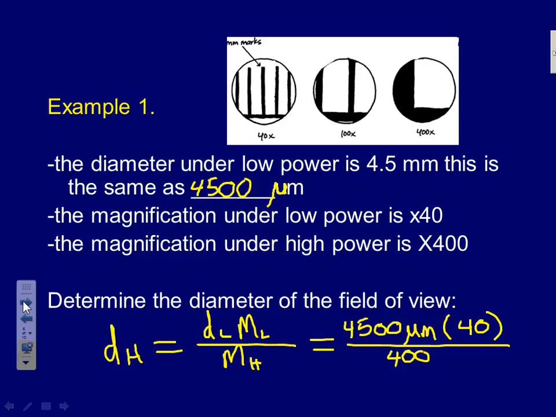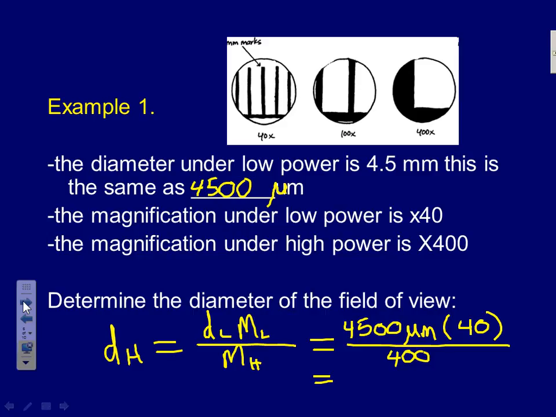We all know if I put it in brackets like that, that's a multiplication, right? Are we okay with that type of math? So we're okay with 4,500 times 40 divided by 400? Could somebody do that? I don't know if you've got a device nearby that can do that calculation. 4,500 times 40 divided by 400.